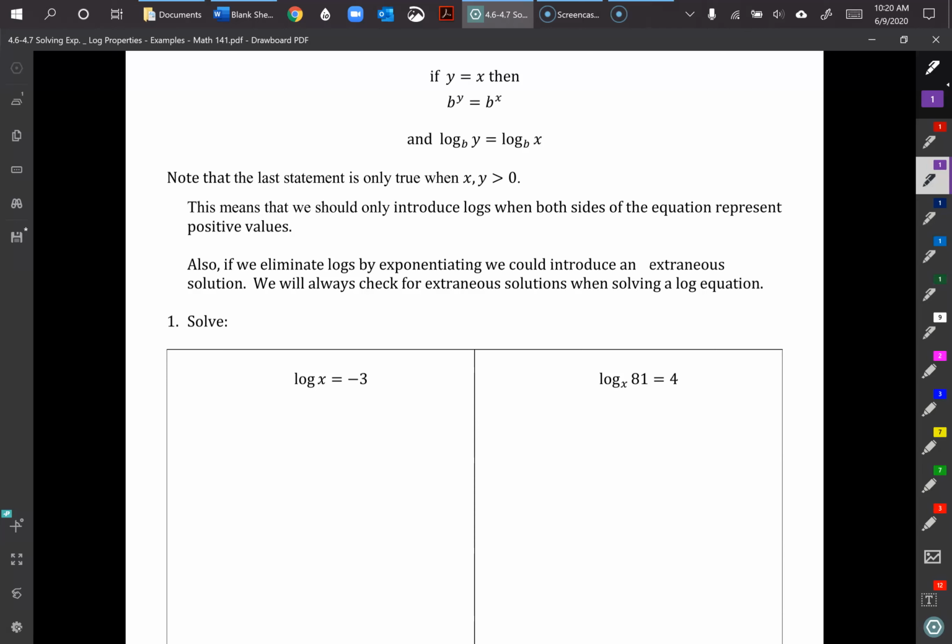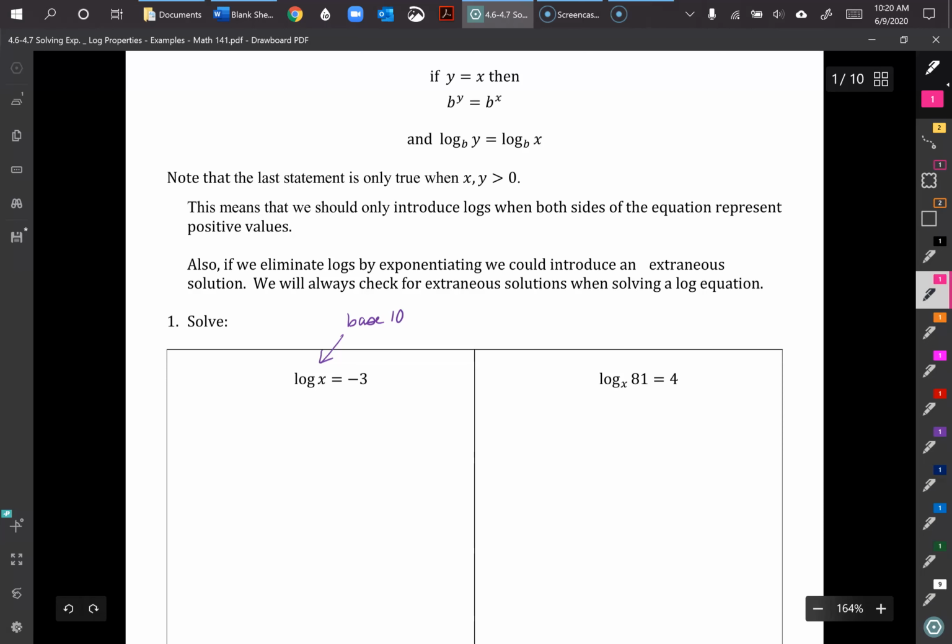So that's important to note, that this is really a base 10. Because what undoes that, we need to do the inverse operation on both sides, which is exponentiating. We need to use the appropriate base, which will be 10.